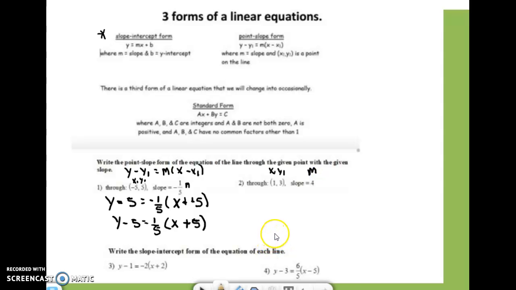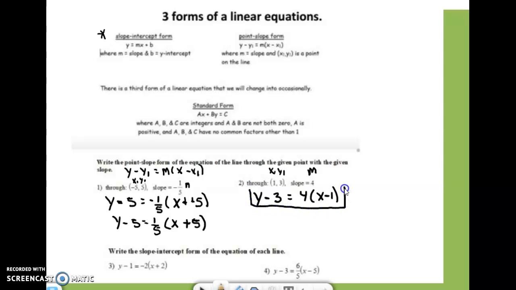So we are going to go ahead and plug in my y1, which is 3, my slope, which is 4, and then my x1, which is 1, and we're done.